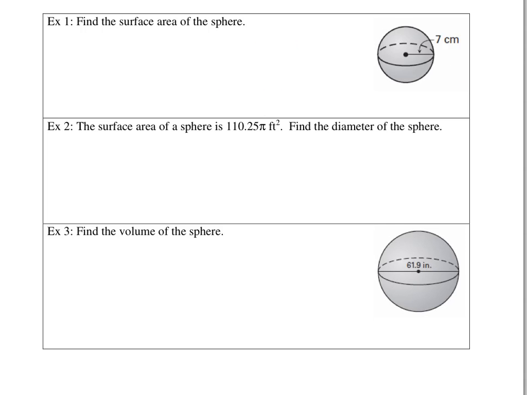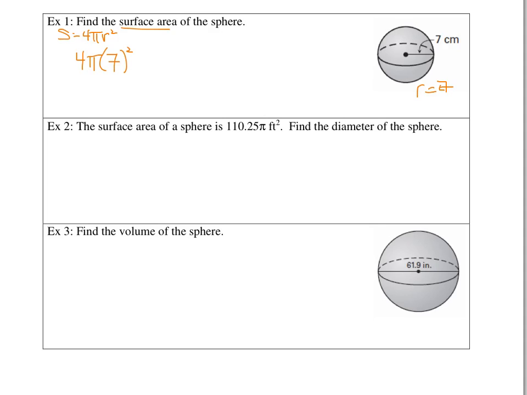Once we get into the solving, so find the surface area of the sphere, and if you notice over here, my radius is 7, and we're finding surface area, so you want to write down your formula first, 4 pi r squared, and all we need is the radius. So we can plug our numbers in: 4 pi 7 squared.